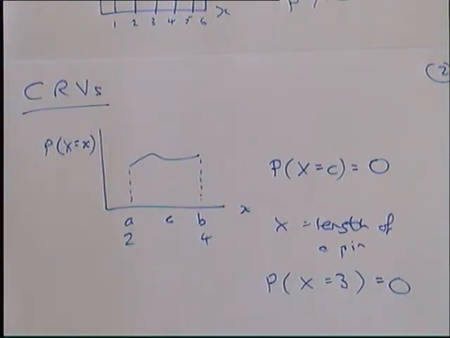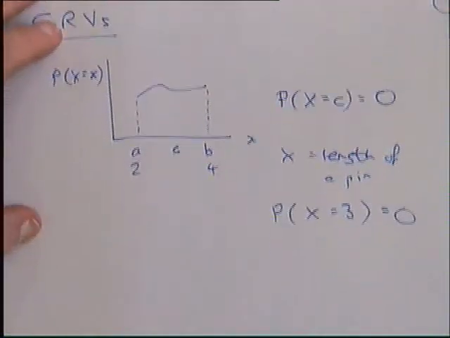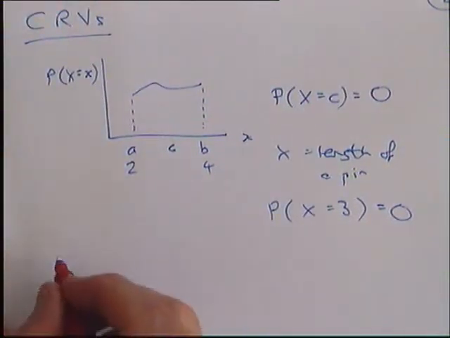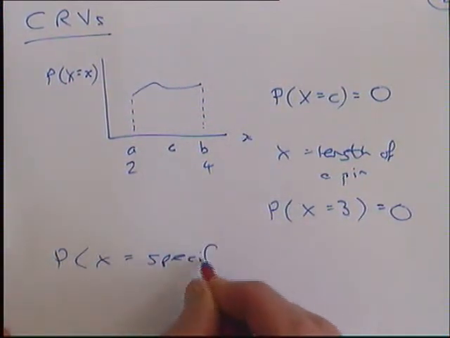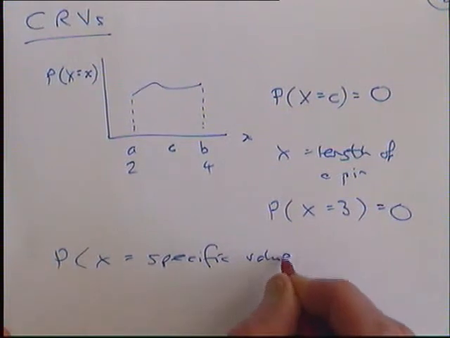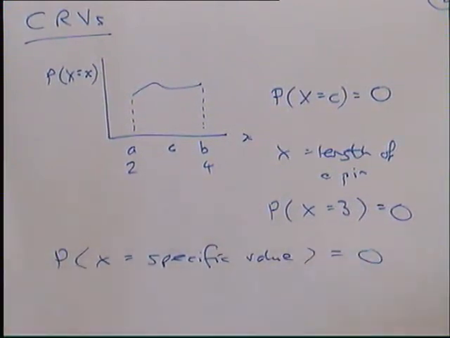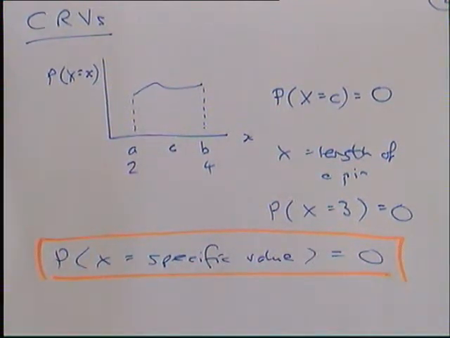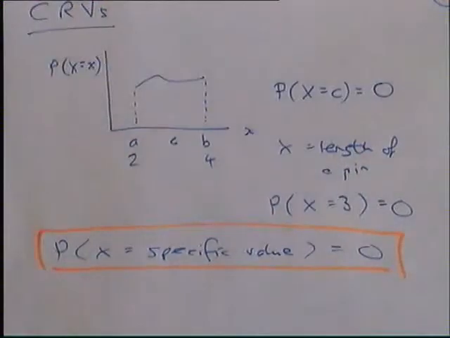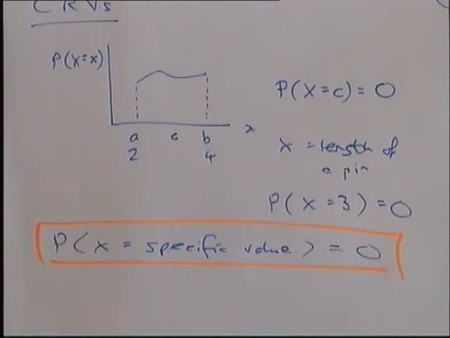You cannot have probabilities taking specific values. Specific value probabilities just don't happen. So the probability X is any specific value will always be equal to 0. Okay? So that's one key thing about continuous random variables. So rather than deal with specific values, what do you think we might deal with instead?